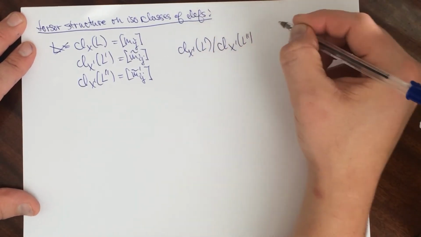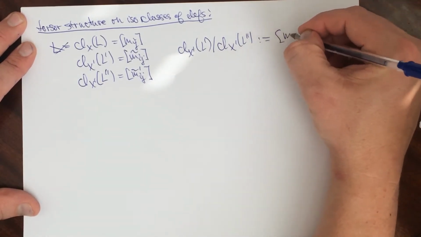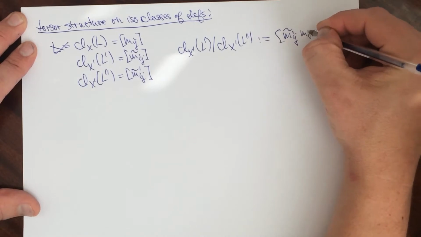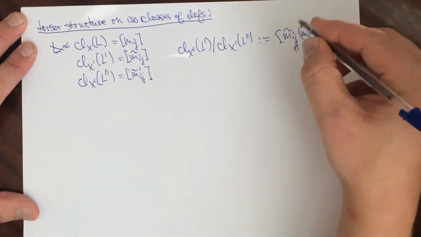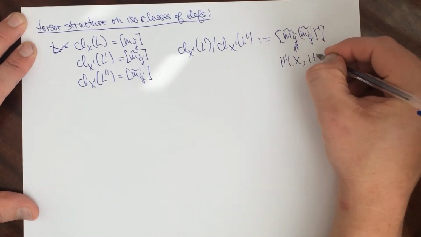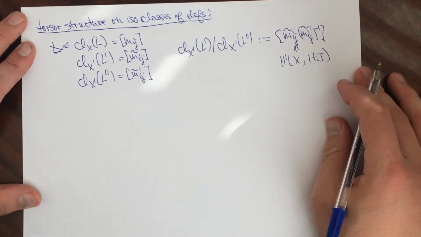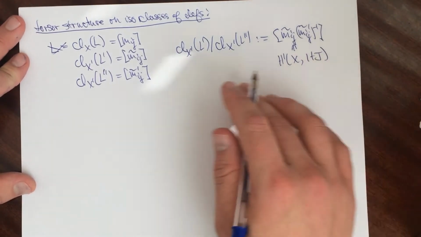The class of L prime prime is going to be defined to be equal to Mij tilde prime inverse, and this thing is going to be in H1 of X, 1 plus J. All right, so now we have our definition of this.